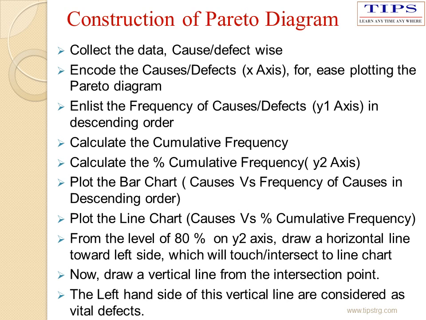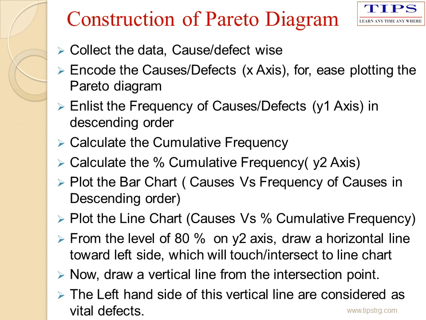Next, enlist the frequency of causes or defects in descending order. What does it mean? Starting from the highest value to the lowest one. This data will reflect on the y1 axis. Calculate the cumulative frequency. Calculate the percentage cumulative frequency.